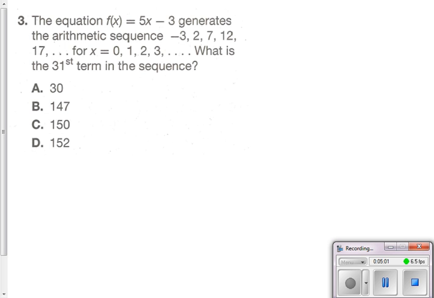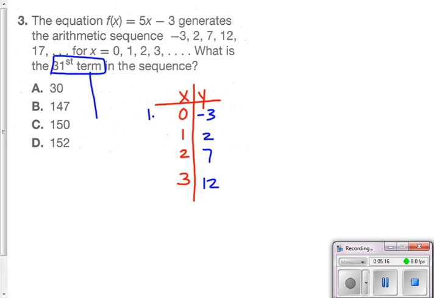Last one: given the equation f of x equals 5x minus 3, which one generates the arithmetic sequence given for 0, 1, 2, 3, and then you need to figure out what is the 31st term. So I'd set up a table as well. I'd use the same approach as we did in 1b. Your first term is 0, and you can't have a first term of 0.